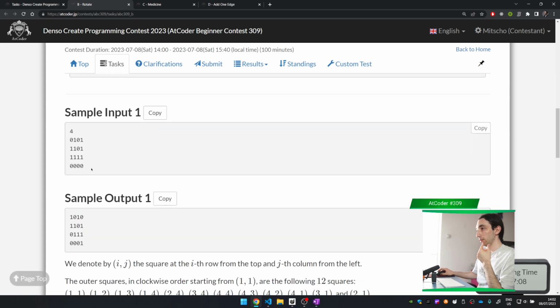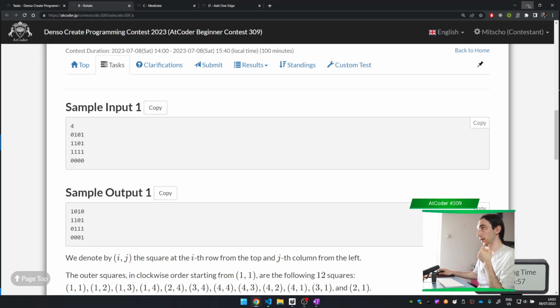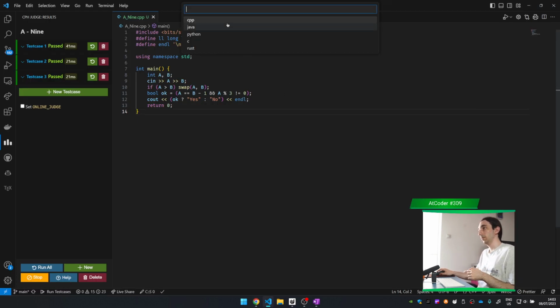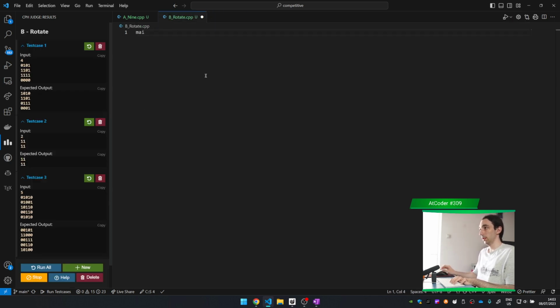So on the outer squares, these integers here, we need to just shift them clockwise by 1. And this is just an implementation task.